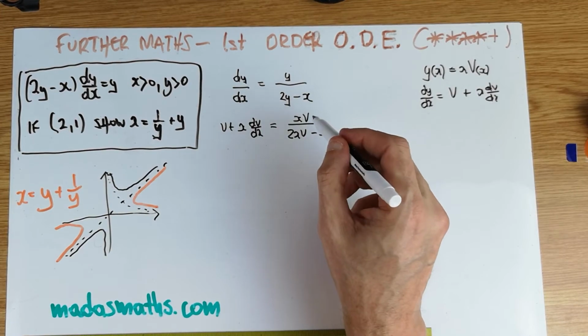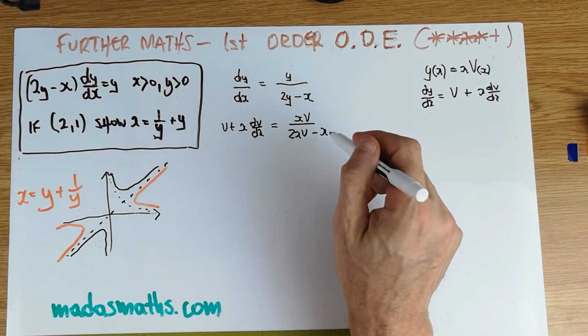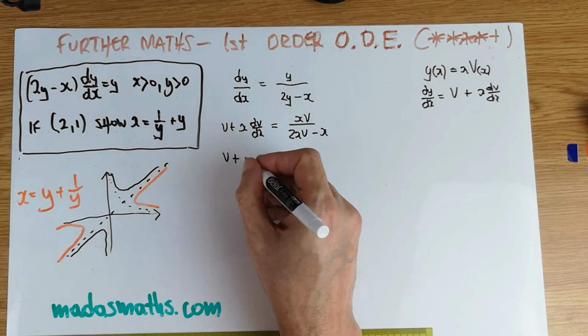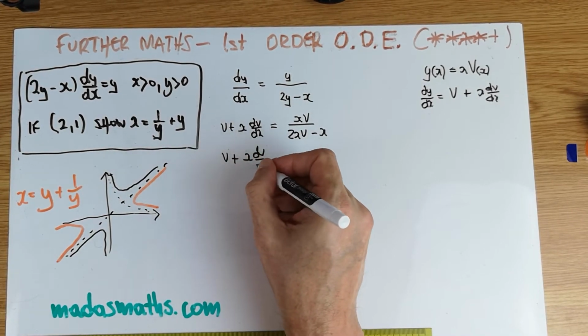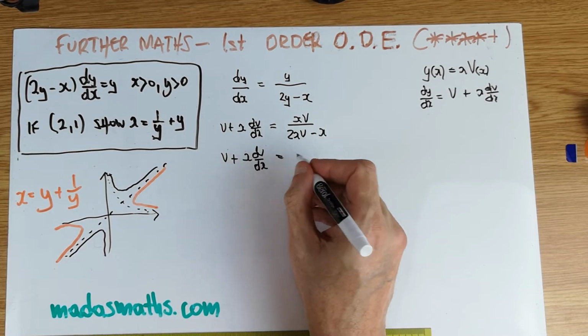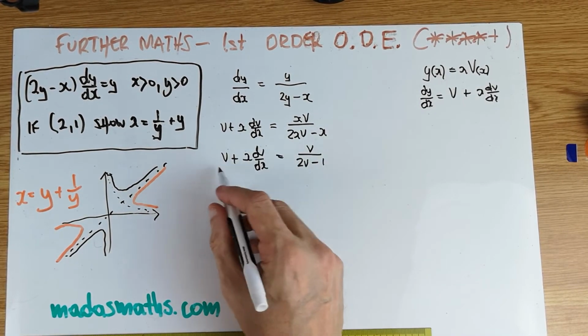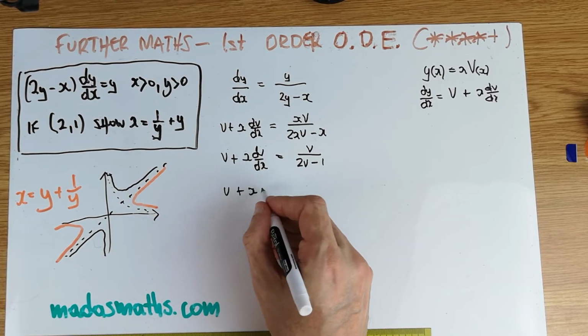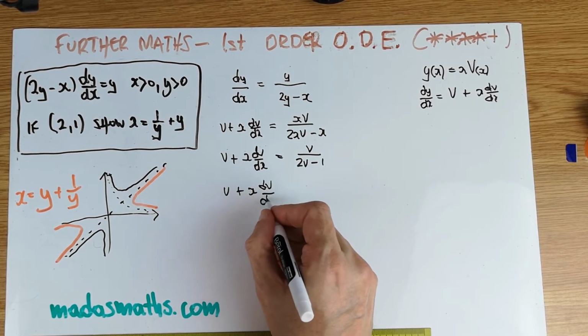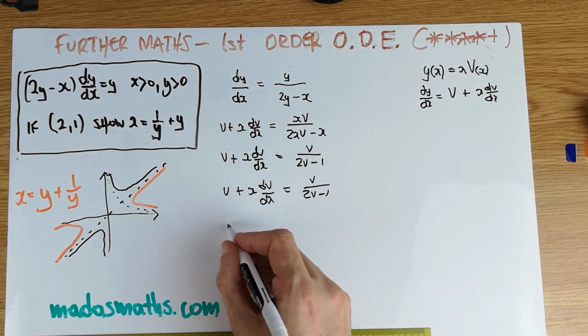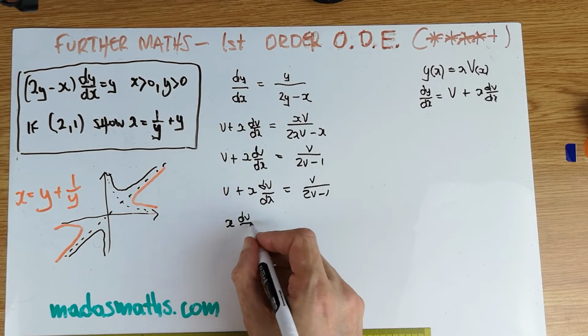And the reason this works is because, of course, in this particular expression, all the x's will disappear. So we have v plus x dv by dx is equal to v over 2v minus 1. Take the v to the other side, so this will separate basically. x dv by dx is v over 2v minus 1 minus v.